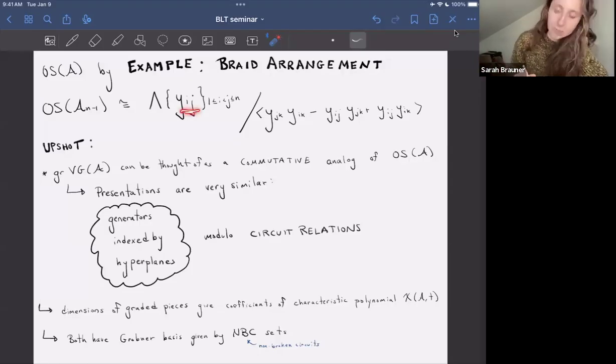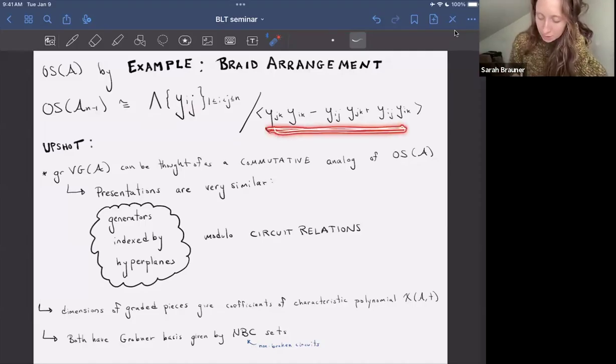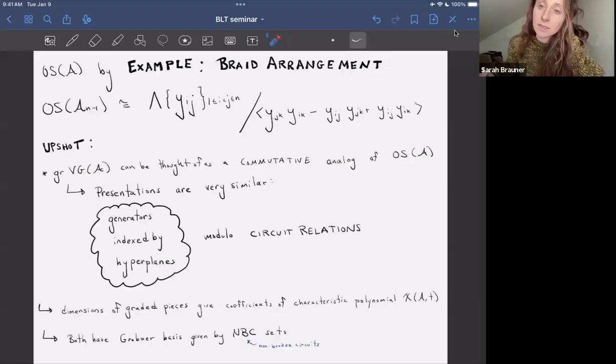It also has generators indexed by hyperplanes, but now it's in the exterior algebra, so it's an anti-commutative ring. But it has a quadratic relation that looks almost identical to the Varchenko-Gelfand quadratic relation. I no longer have to quotient by the squares because I'm in an exterior algebra, so that's automatic. This is what my braid arrangement Orlik-Solomon algebra looks like.